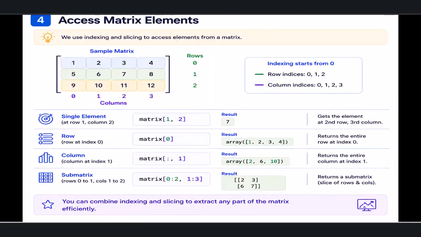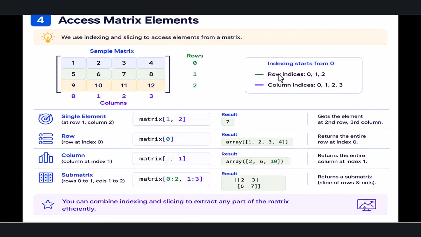The next step is learning how to access the data stored inside it. In NumPy, we use indexing and slicing to access individual elements, complete rows, complete columns, or even a smaller part of the matrix called a submatrix. Before we look at the example, there is one important rule you should always remember.